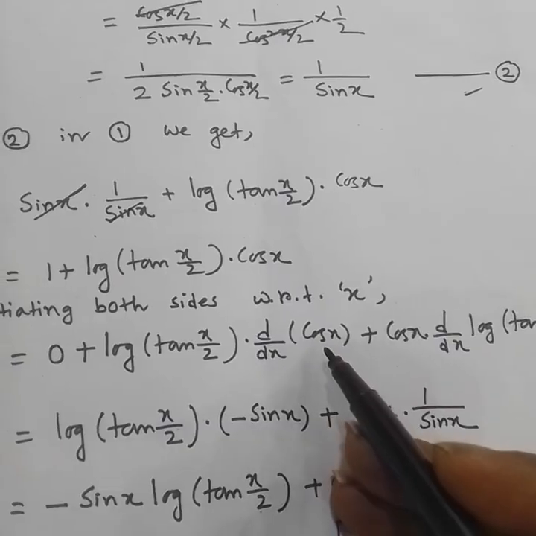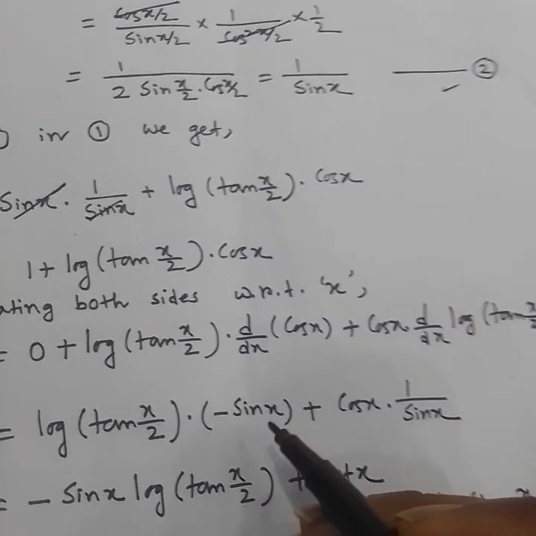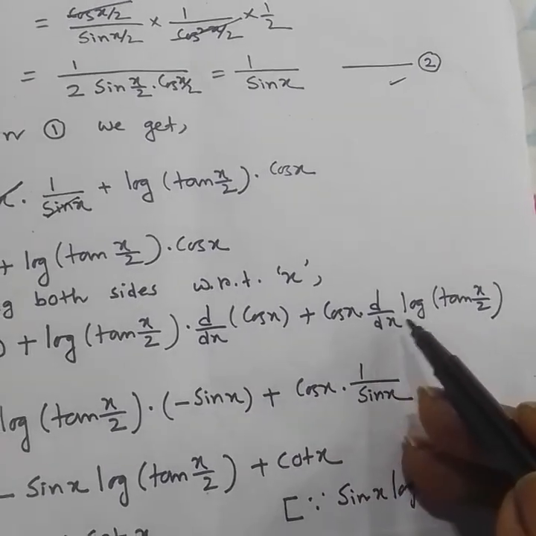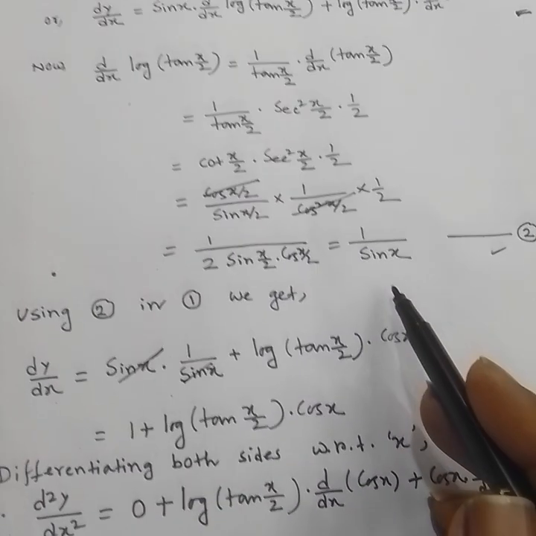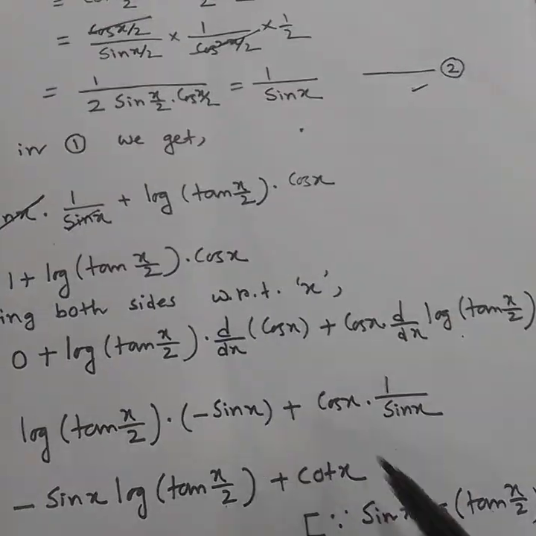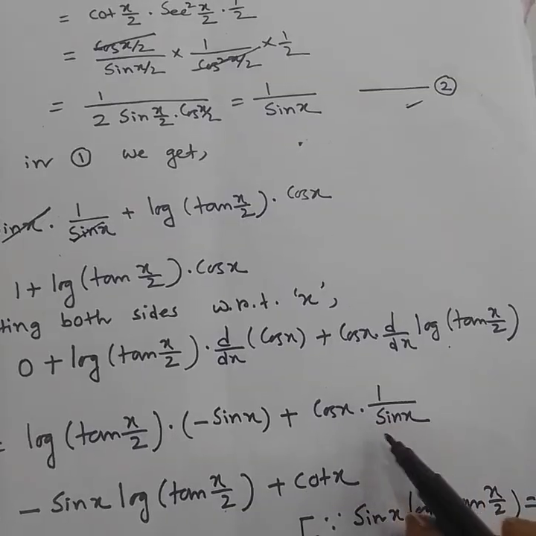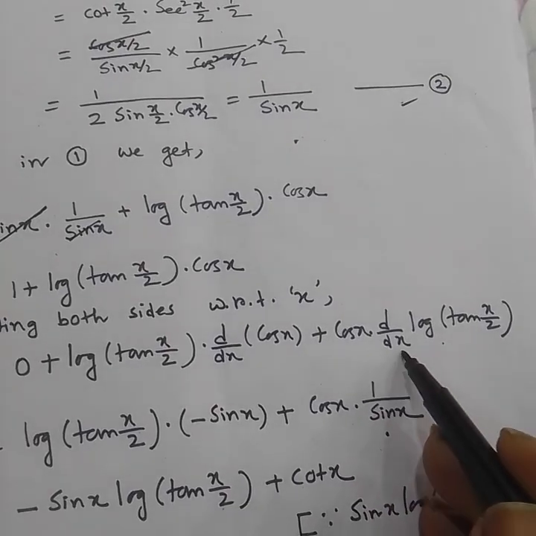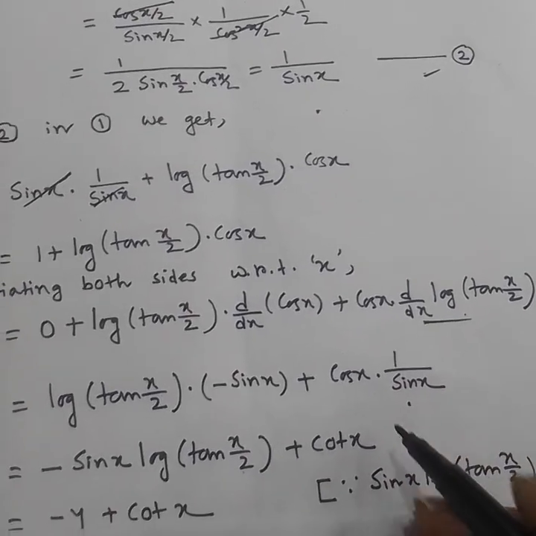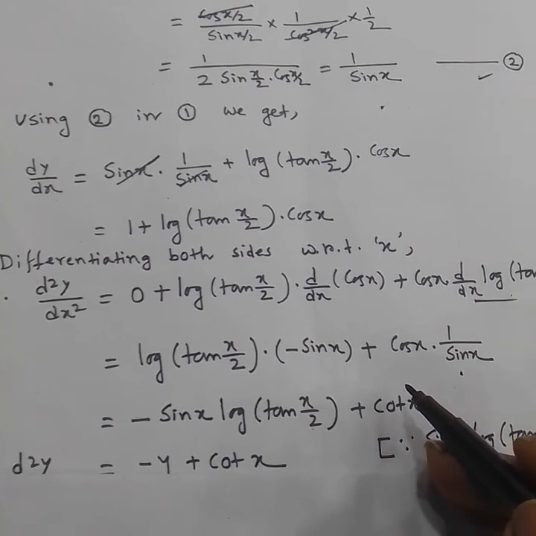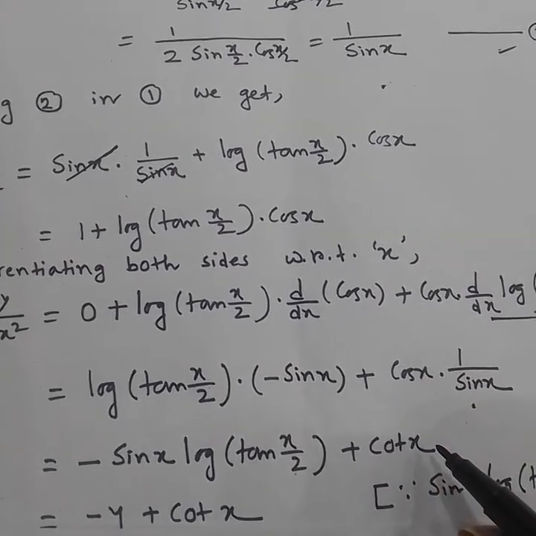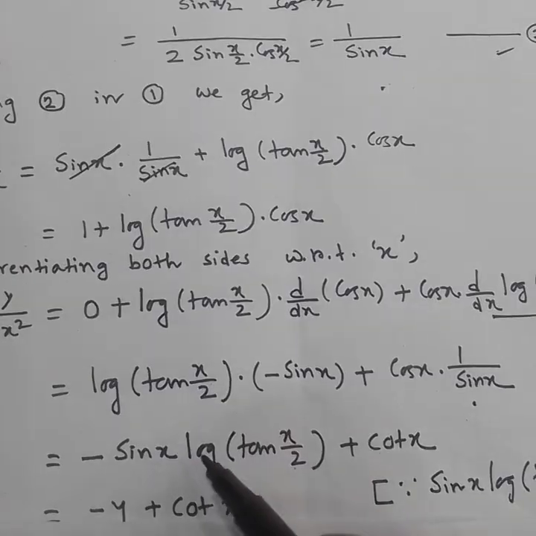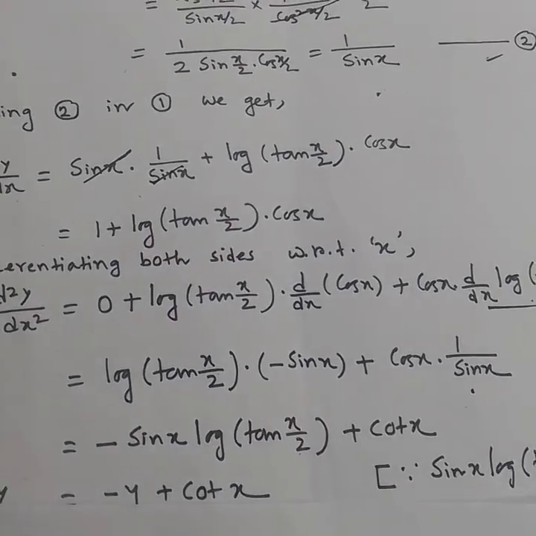In the next step, the derivative of cos x becomes minus sin x, and d by dx of logarithm of tan x by 2, we already just proved, equals 1 by sin x. So we put here cos x into 1 by sin x, and we get cos x by sin x, which equals cot x, plus minus sin x into logarithm of tan x by 2.